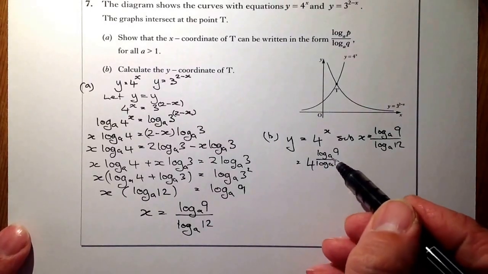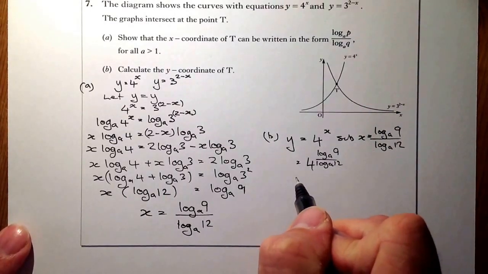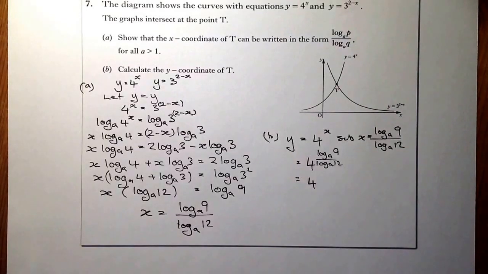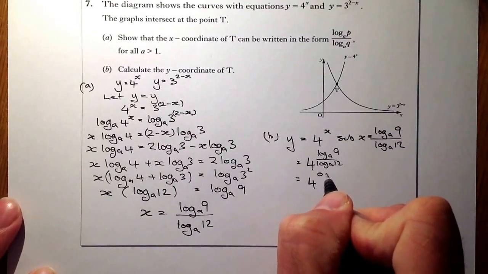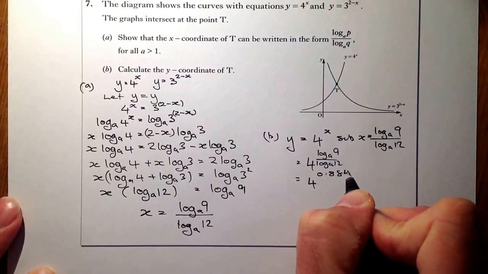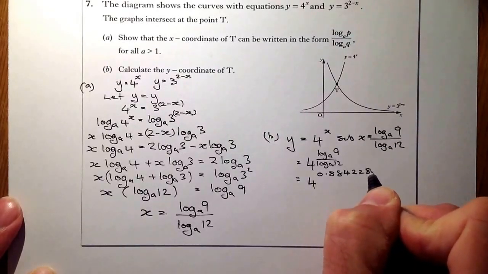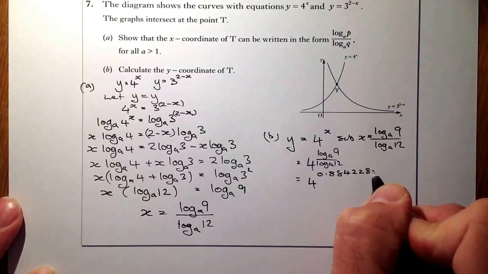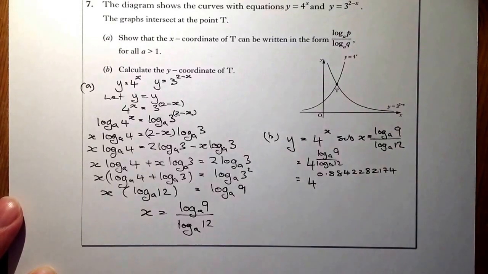Now, no matter what base I use here, it's a calculator question, so you can try all that out with various different bases. Log 9 to any base divided by log 12 to that same base will give us an answer of 0.88422821.